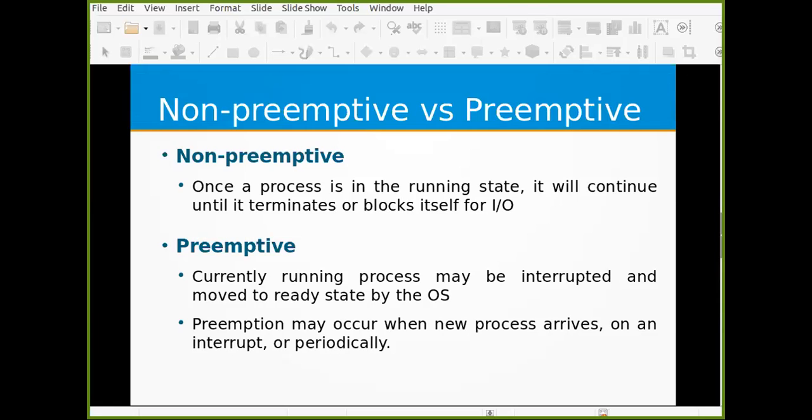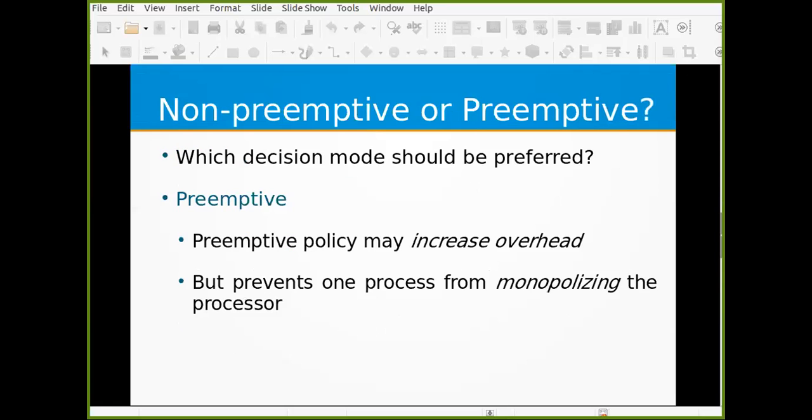Even if the process is still able to run and is not blocked, it will be preempted and put back into the ready state, and a new process will be dispatched to run. That is a preemptive strategy. So there are two decision modes, non-preemptive versus preemptive.